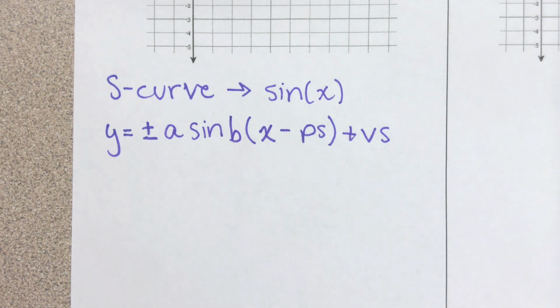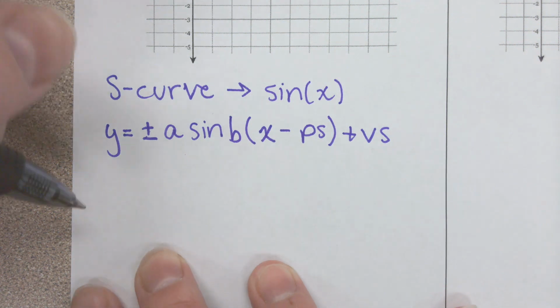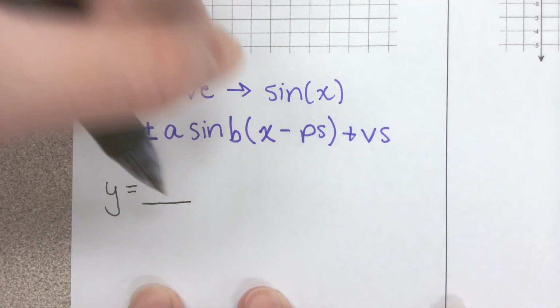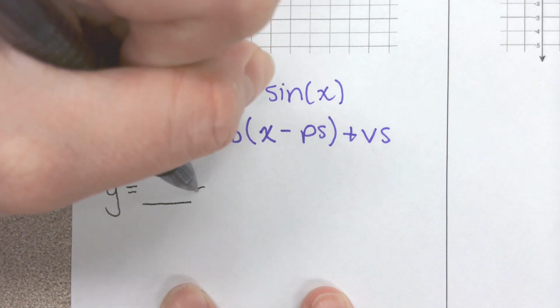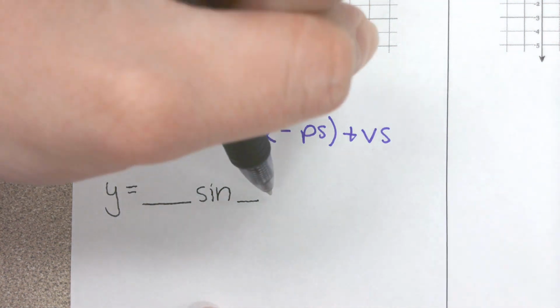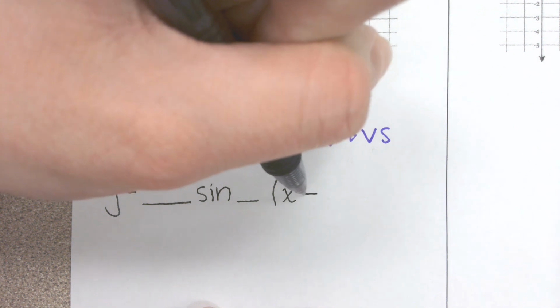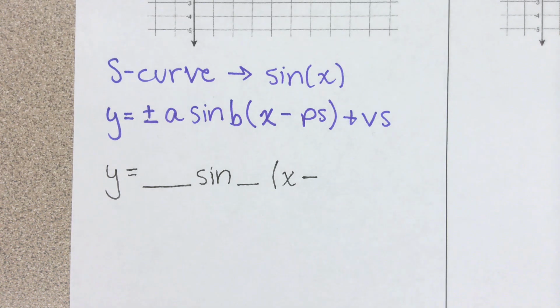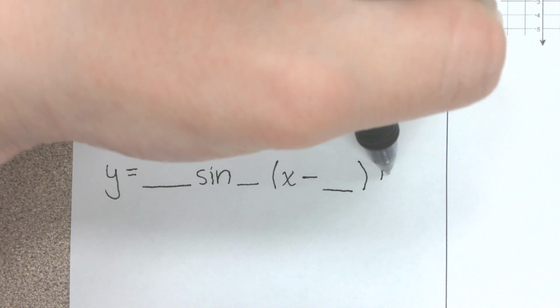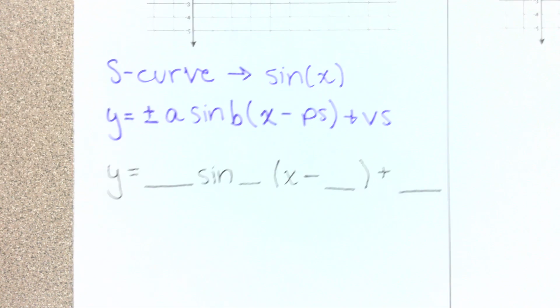Below that, I'm going to set up kind of the template, the outline of what my equation is going to look like. Y equals, leave a blank for the A. Sine, blank for the B. X minus is part of the general form. Blank for the phase shift, plus a blank for the vertical shift.